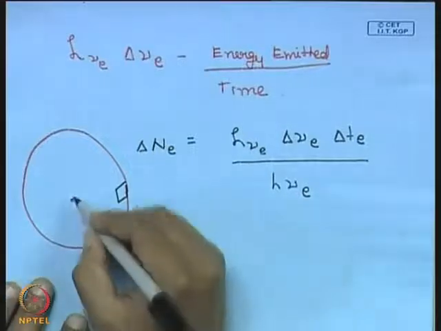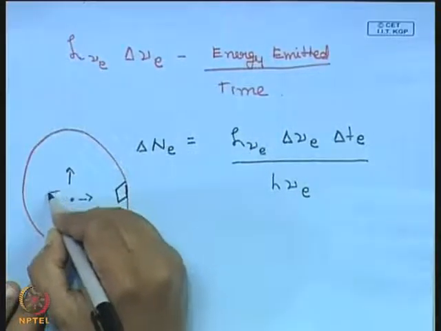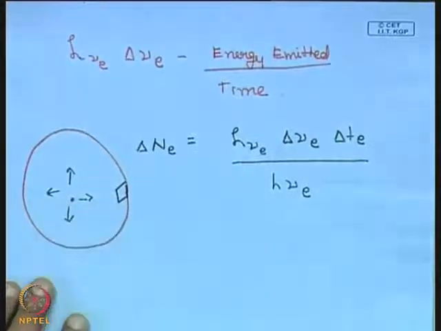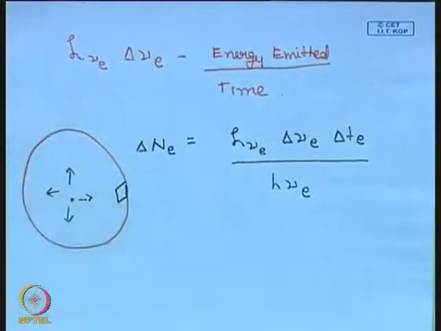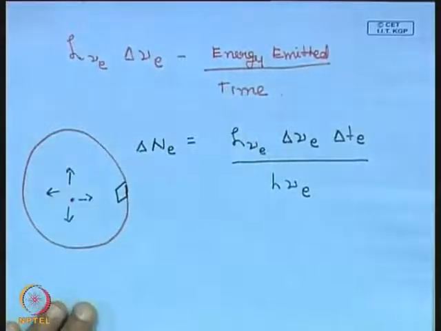Now the same number of photons that were emitted will propagate out and pass through a surface of some radius at some later time.